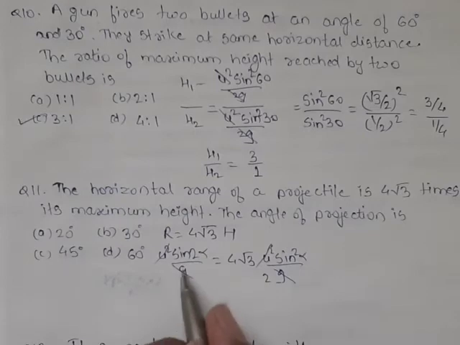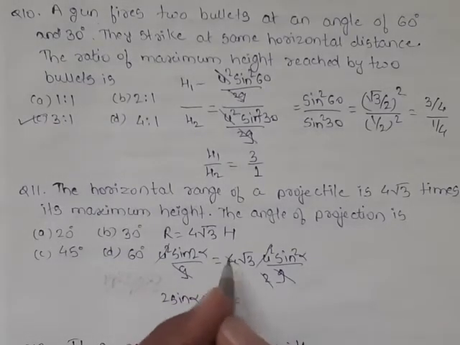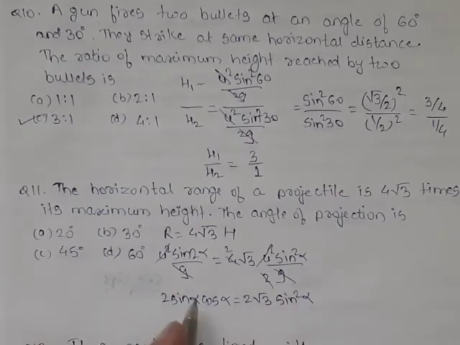Now here further we can write down what sine 2 alpha is, 2 sine alpha cos alpha, equal to this. 2 cancels here and it equals 2 root 3. So here 2 root 3 sine square alpha. So here this sine alpha and this square gets cancelled, this 2 and this 2 get cancelled.